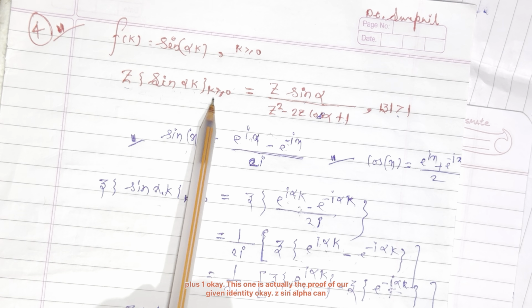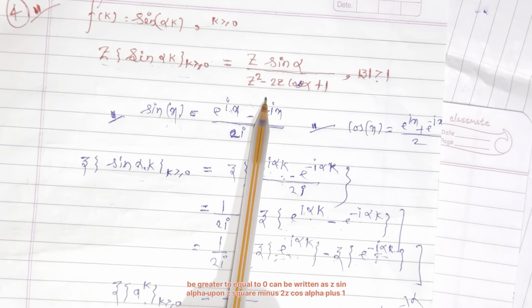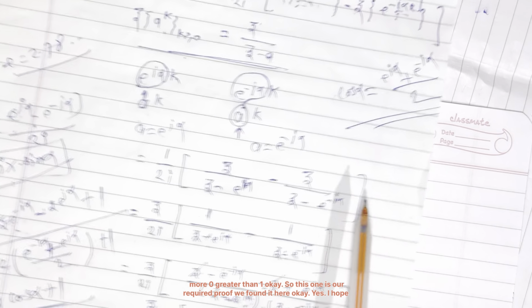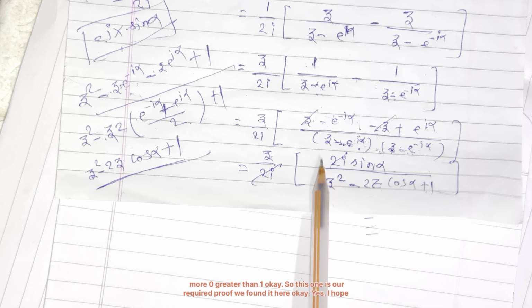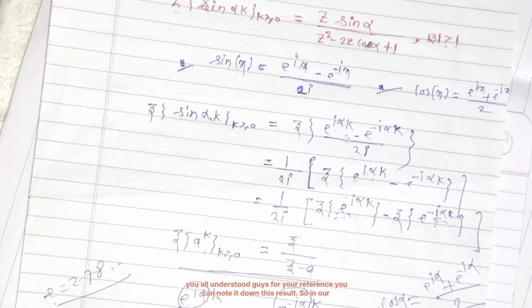So the result can be written as z sin alpha upon z square minus 2z cos alpha plus 1, for mod z greater than 1. This is our required proof. We found it here. I hope you all have understood, guys. For your reference, you can note down this result.